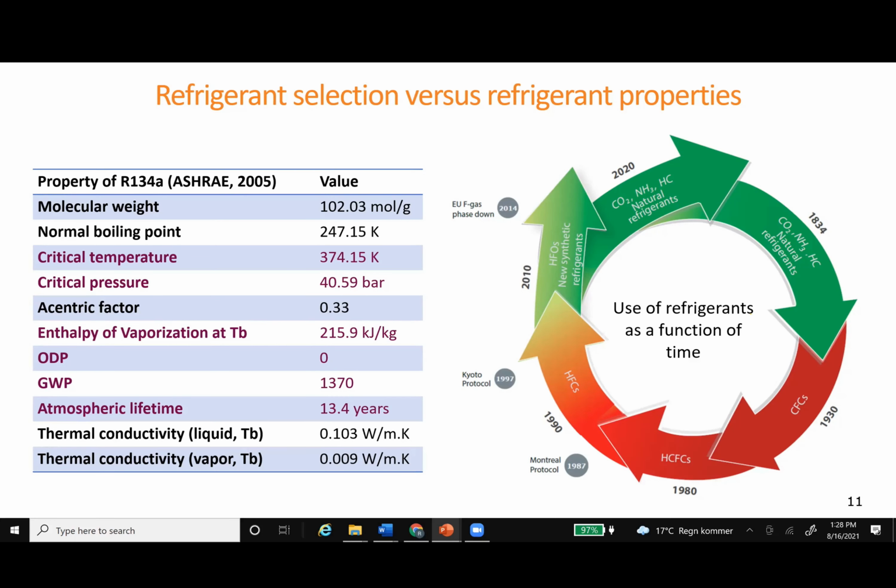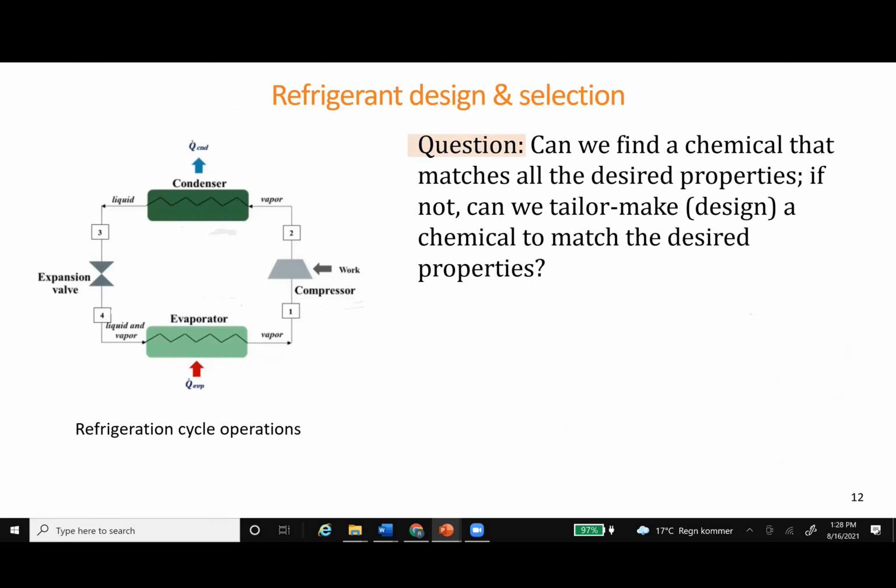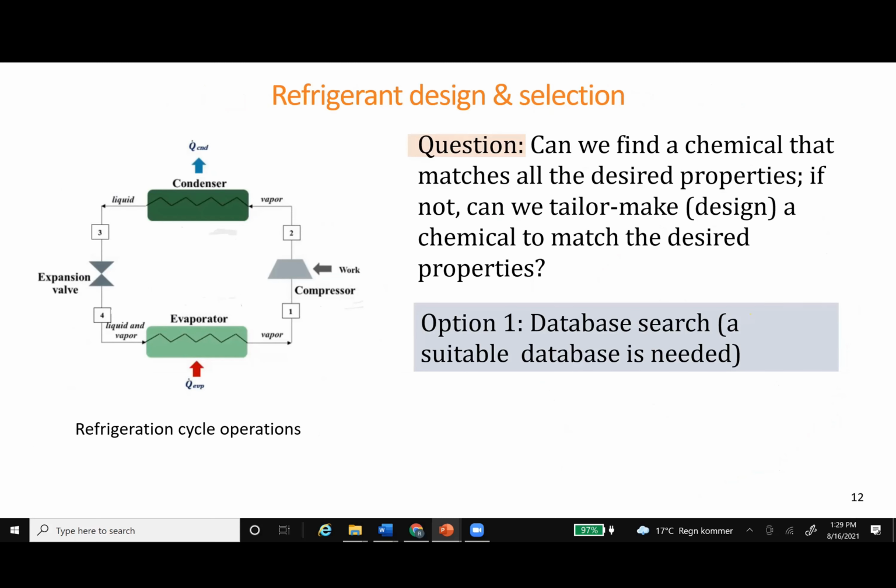So the question then is, can we find a chemical that matches all the desired properties? If not, can we tailor make, that is, design a chemical to match the desired properties? One option is, well, we could check a database. If there is a large database of compounds, we could go there and we could check.